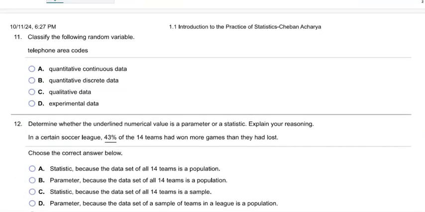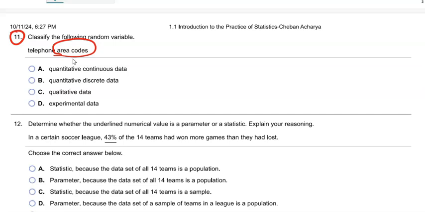Classify the following random variables. Telephone area code. An area code is a numerical value, but it is an identification or characteristic of an individual. Different individuals have different zip codes. So a zip code gives an attribute or characteristic of an individual.